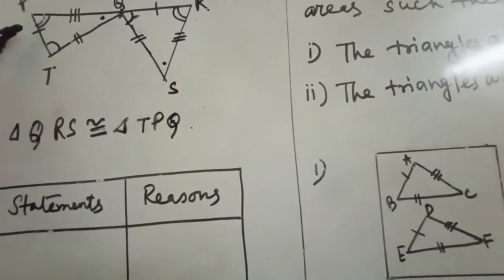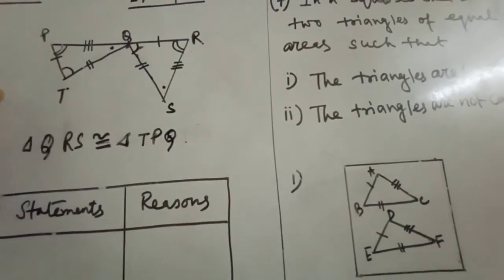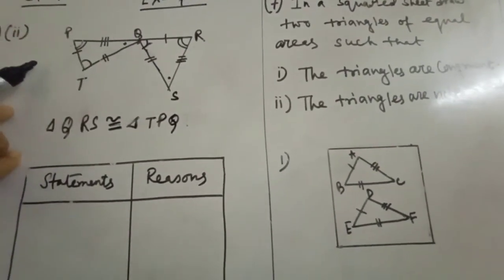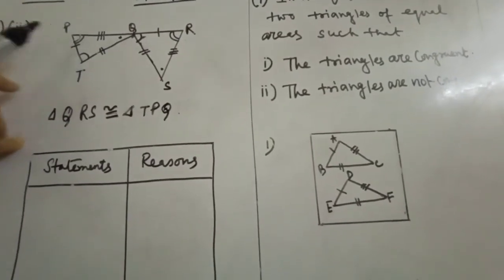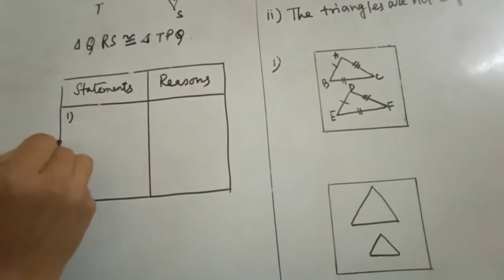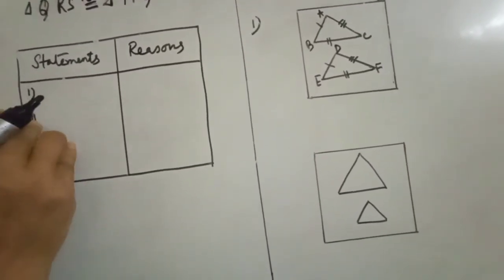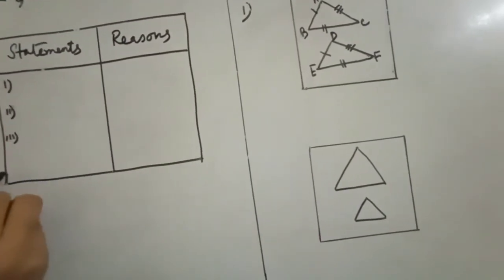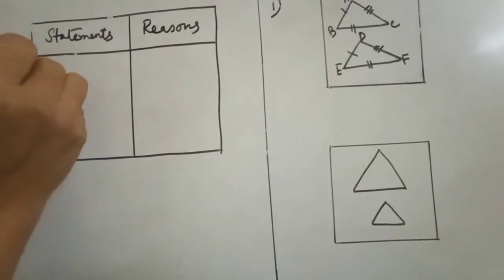Between these two congruence criteria, you can use any one. Which one you want to use, you can use. Okay, we can use angle side angle criteria, or SSS also. You have to give 1, 2, 3, and at the end you have to write the congruence criteria.